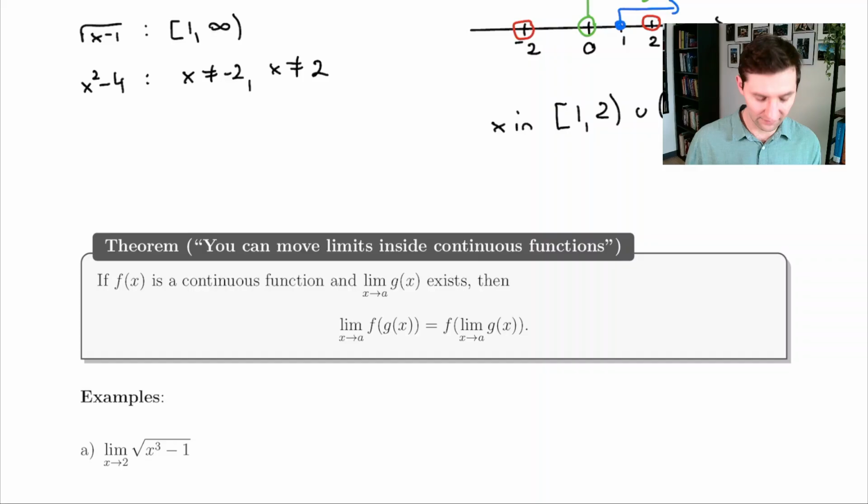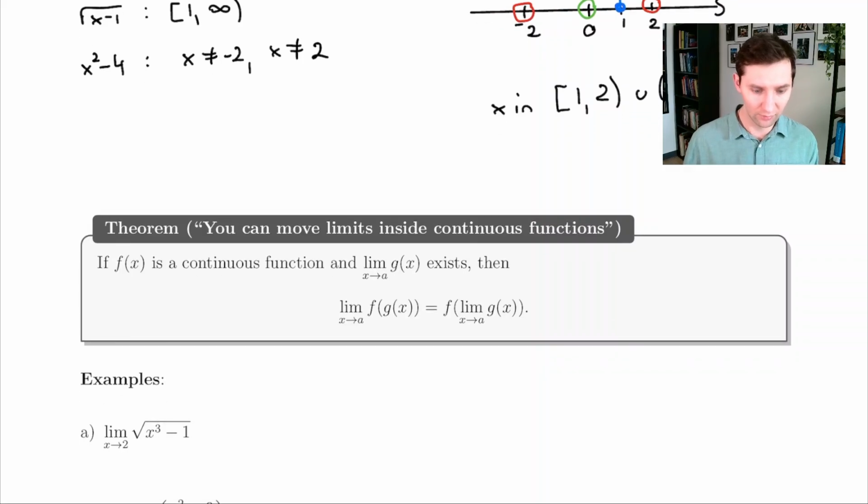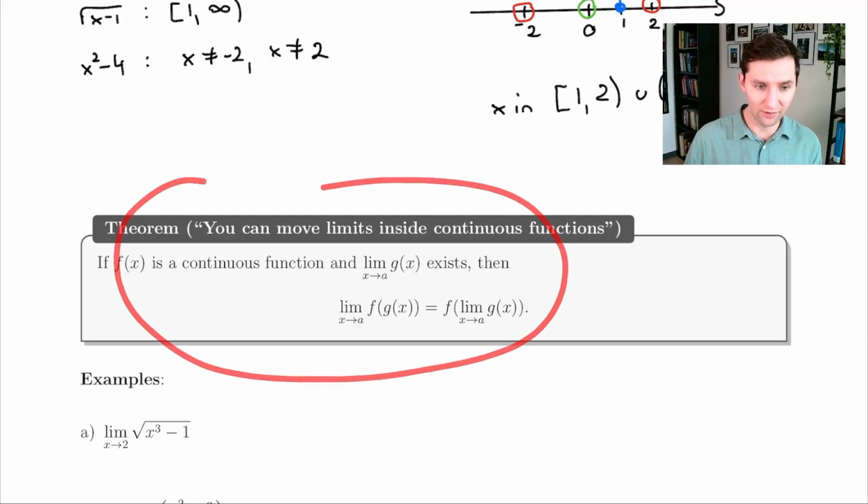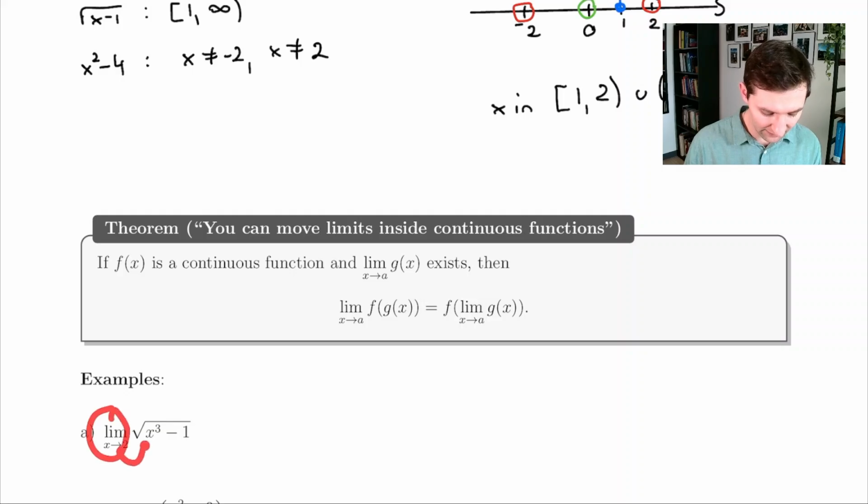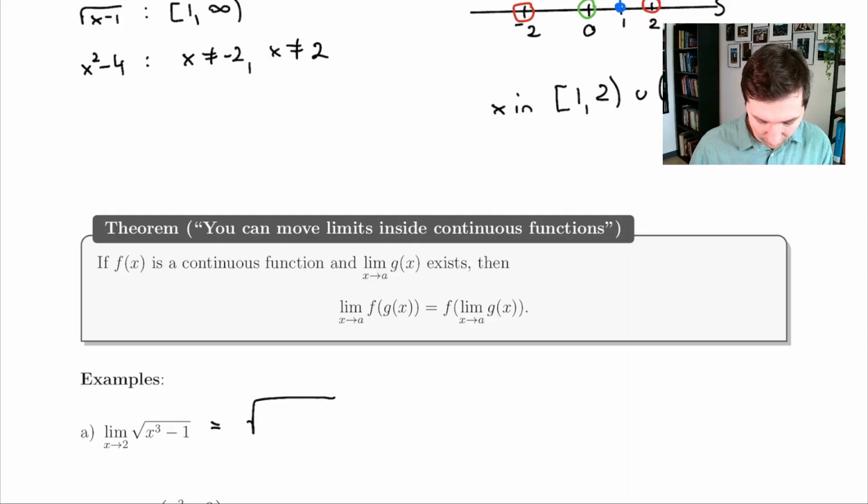Below, we need to find the limit as x approaches 2 of square root of x to the third power minus 1. Well, the square root function is continuous on its domain. So according to the theorem above, I'm allowed to take this limit and move it inside of the continuous function square root. So this expression equals square root of the limit as x goes to 2 of x to the third power minus 1.